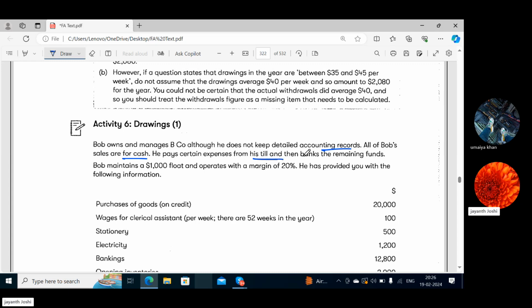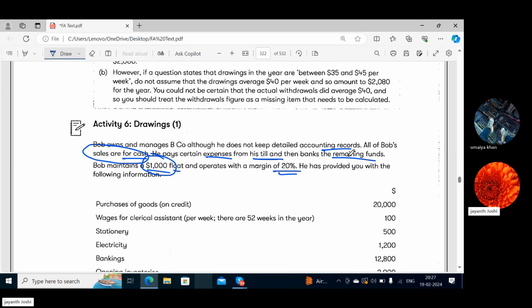Till means loose cash. And then banks the remaining funds. The remaining funds are whatever he is receiving from sales. From that, he spends something and the remainder is deposited into the bank account. Bob maintains a 1,000 float. That means there will always be 1,000 float in the till, and he operates with a margin of 20%. So 20% is the gross profit margin.